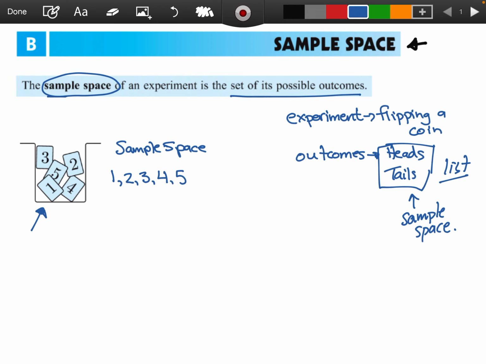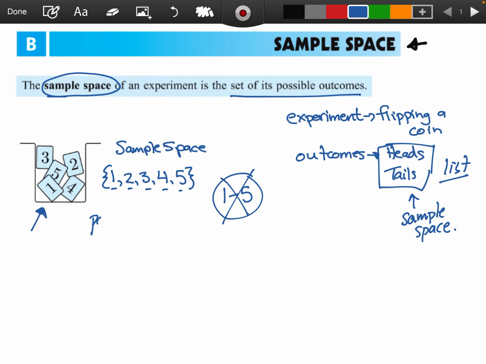That's the sample space. Sometimes you will see sample space represented with braces around it. What you cannot do is say that the sample space is 1 to 5. That is no good. Each of the actual individual outcomes needs to be listed out.